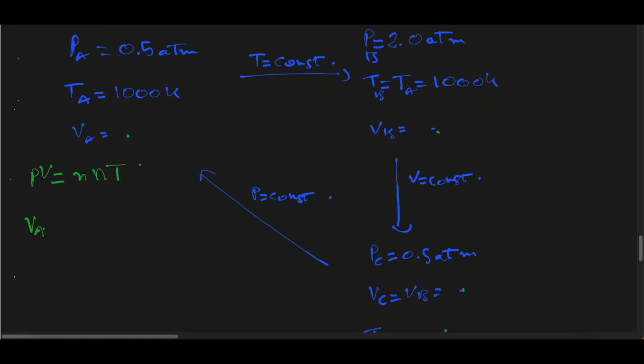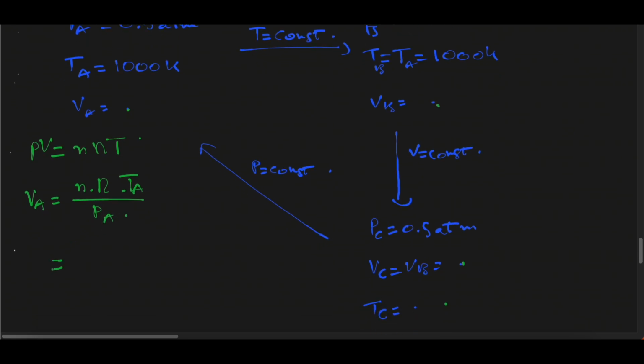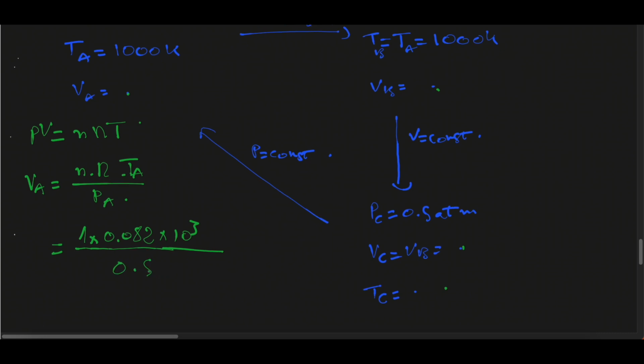Therefore, the volume in state A is equal to n times R times T in state A over P in state A. So we replace each variable by its value. Here we have 1 times 0.082 times 1000 Kelvin over the pressure, which is equal to 0.5.